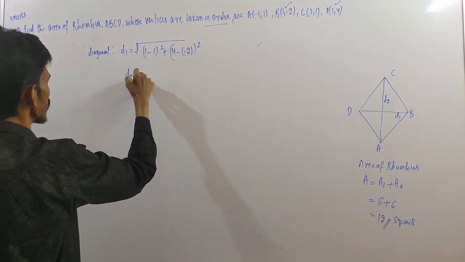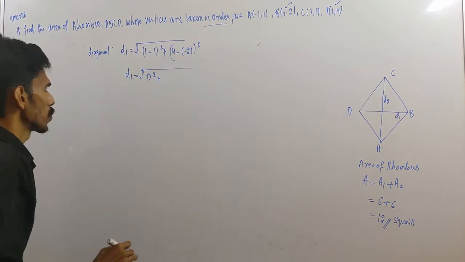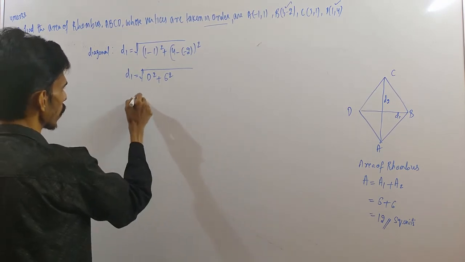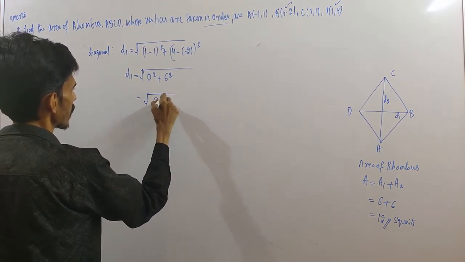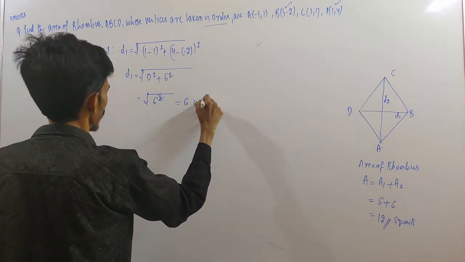So we have D1 is equal to root over 0 square plus 6 square. 0 square value is 0 only, so we have 6 units.